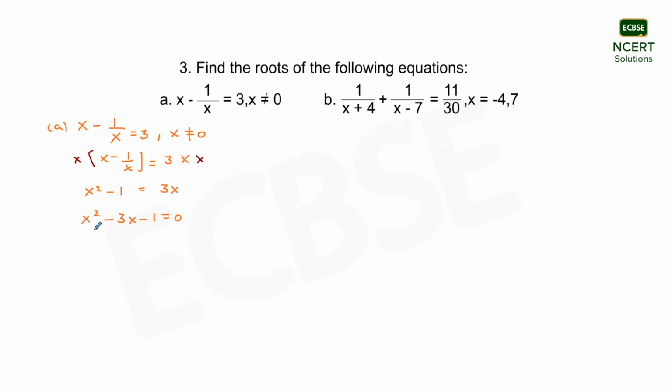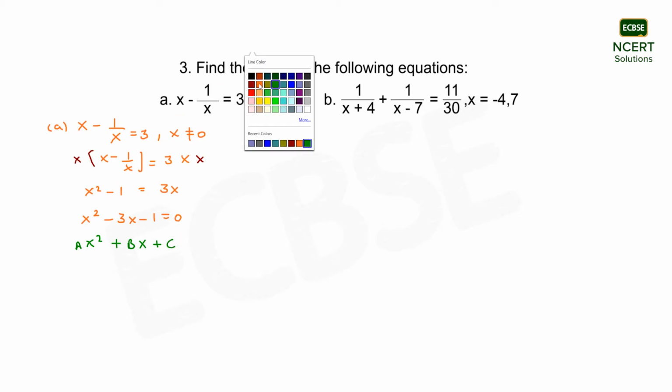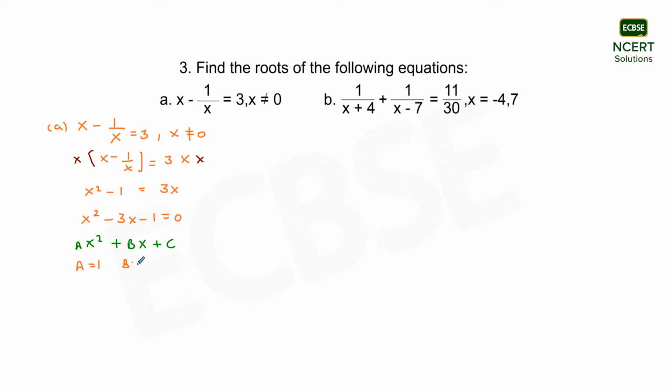So comparing this equation with the standard equation ax square plus bx plus c, from here a will be equal to 1, b will be equal to minus 3 and c is equal to minus 1.